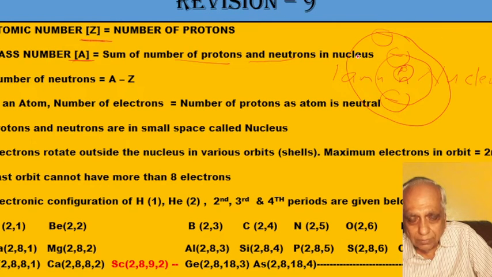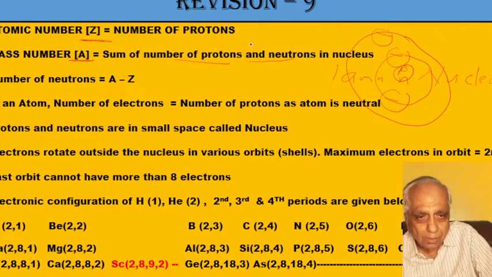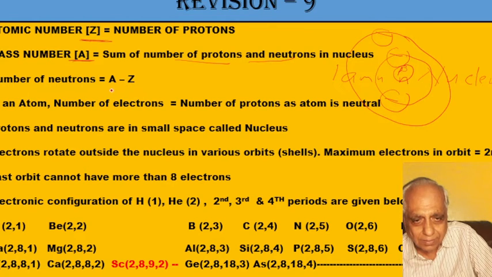If the mass number is A and the atomic number is Z, how many neutrons does it have? It is A minus Z, because A is the number of protons and neutrons and Z is only protons. In this manner we can calculate the number of neutrons that an atom has. Now, all atoms are neutral in charge, but electrons are negative in charge.